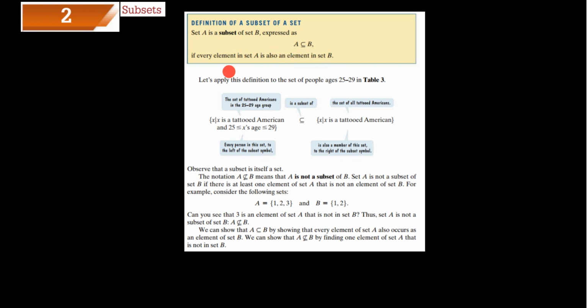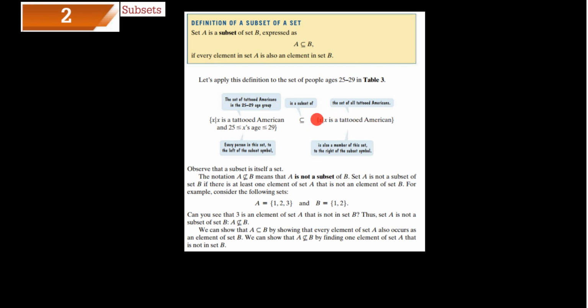So for example, if we were to apply this definition to the set of tattooed Americans in the 25 to 29 age group, we write that in set builder notation: X such that X is a tattooed American and X is between 25 and 29. That is a subset of X such that X is a tattooed American.